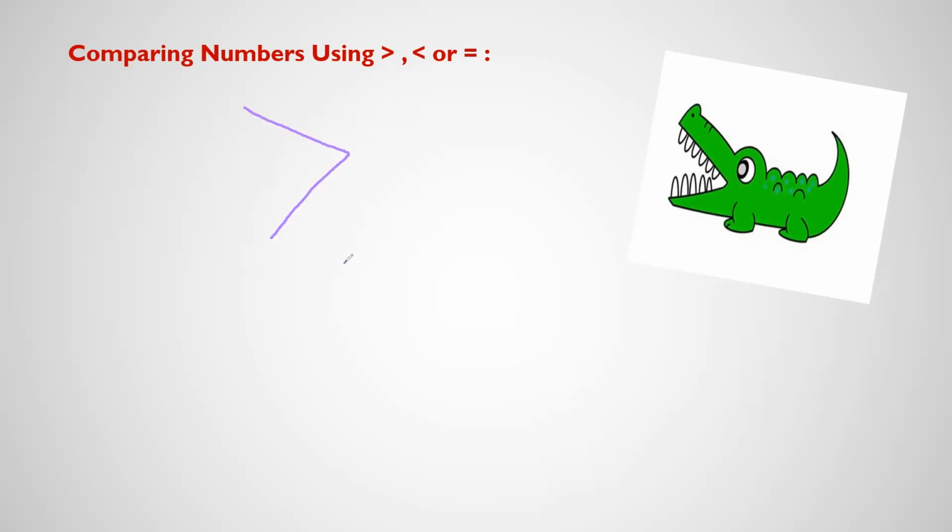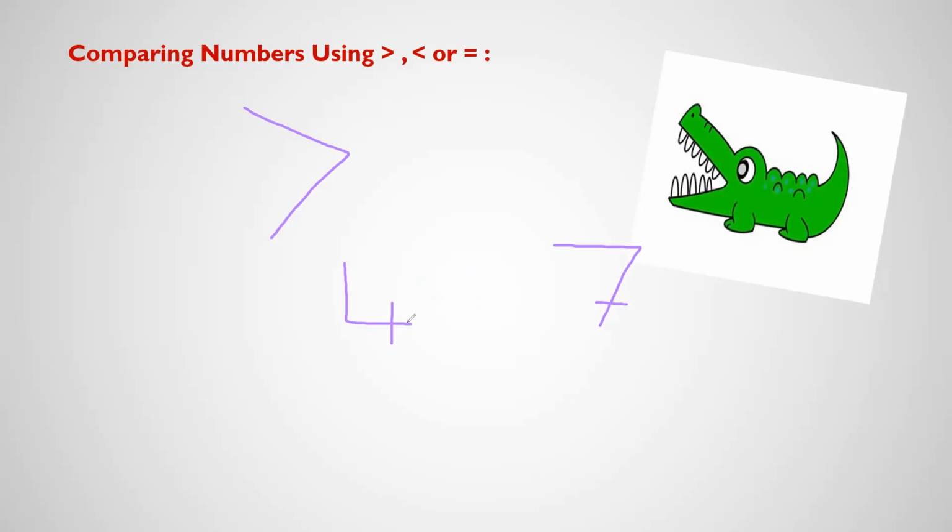So for example, if I have here number 4 and here is number 7, it's so hungry. So he will eat number 4 and leave number 7? Of course not. He will go to the bigger one or the biggest number.